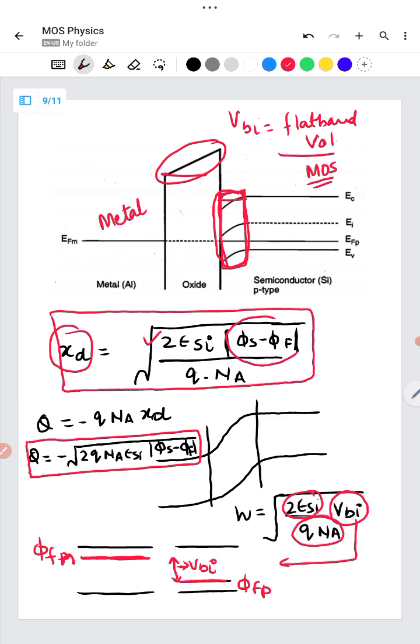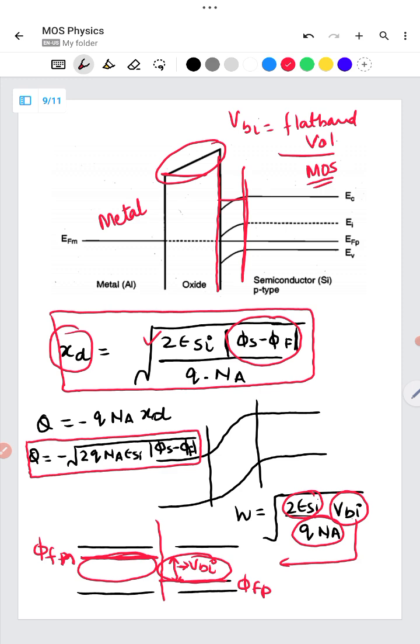What was the VBI? VBI was the distance between the Fermi levels. Here you had a junction, and on one side you had one Fermi level, on the other side you had another Fermi level. Now here you have a junction over here, and the depletion region is this.